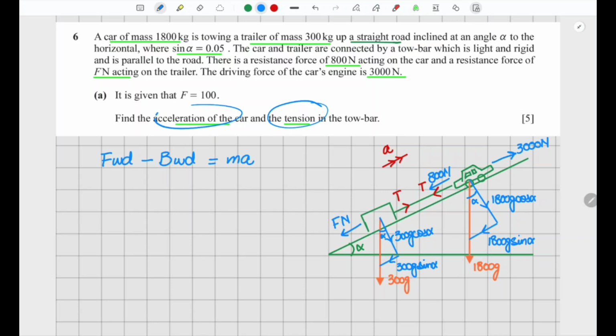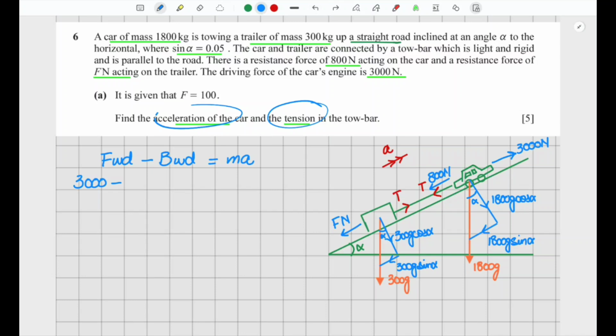And what are the forward forces? Forward forces are 3000, plus the tension, but the tension will cancel out when we take the whole system, so I'm not writing that. There is no other forward force.